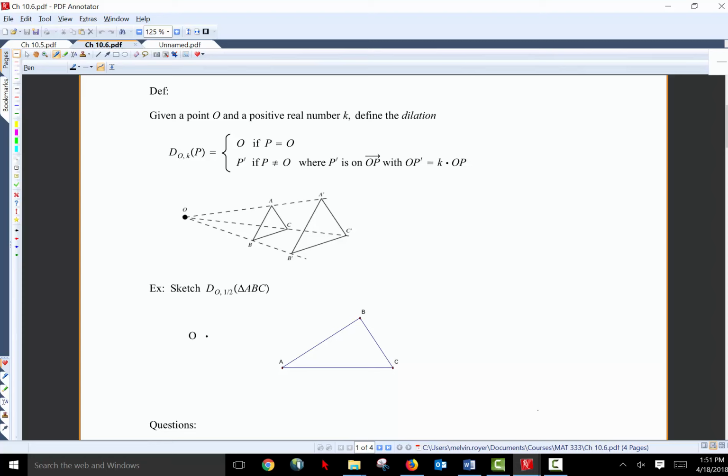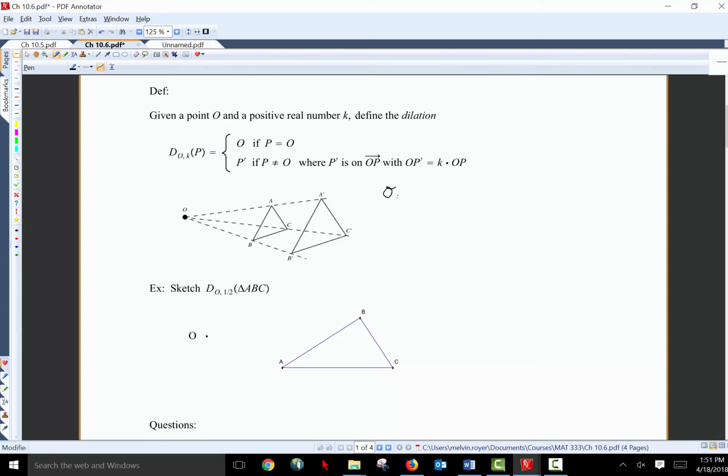Every other point does get moved, and it gets moved along the ray. So point A gets moved to point A prime. It stays on the ray from the origin, and it gets moved so that the new distance is k times the old distance. So on my picture here, it looks like the distance from O to A prime is maybe 3/2 the distance from O to A. I'm just guessing, but that's the basic idea.